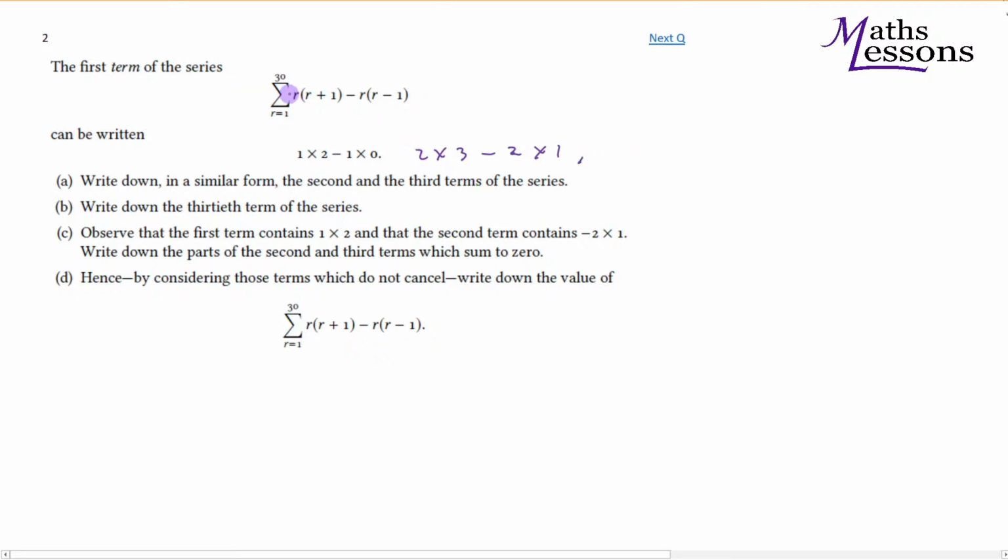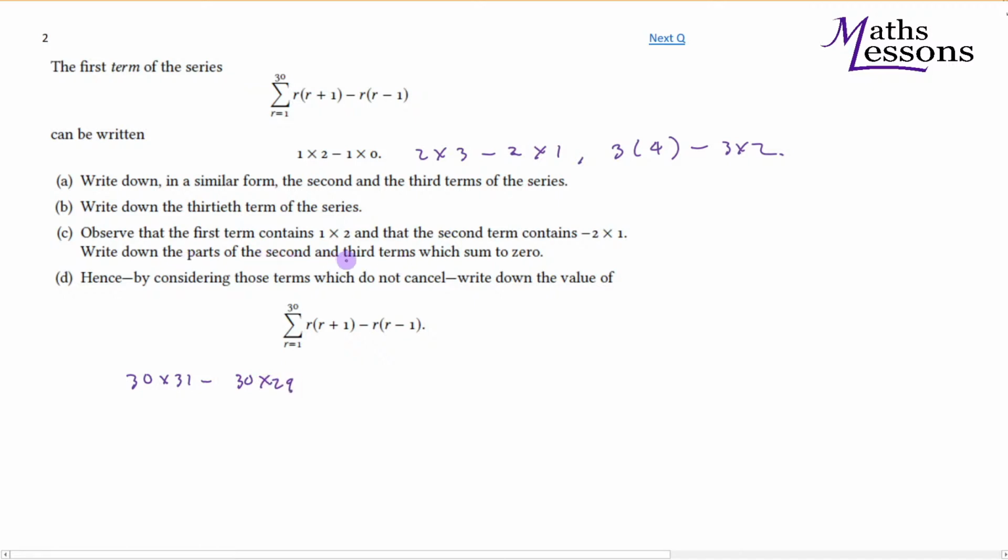My third term, so just put r in, we get 3 times 4 minus 3 times 2. And we can write down the 30th term of the series. We're going to go down here and write it here, 30 times 31 minus 30 times 29.